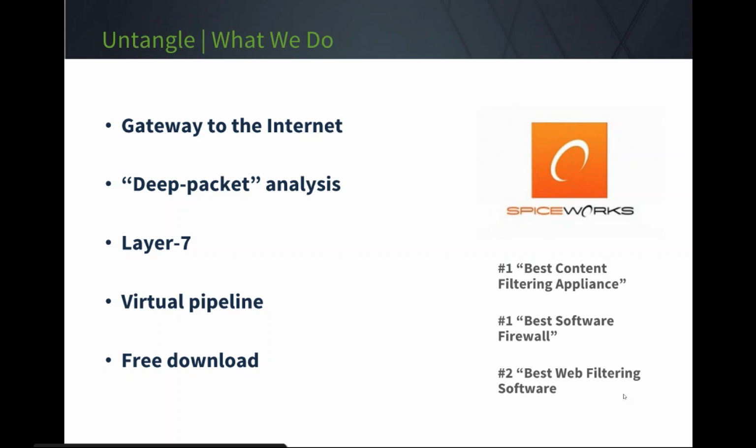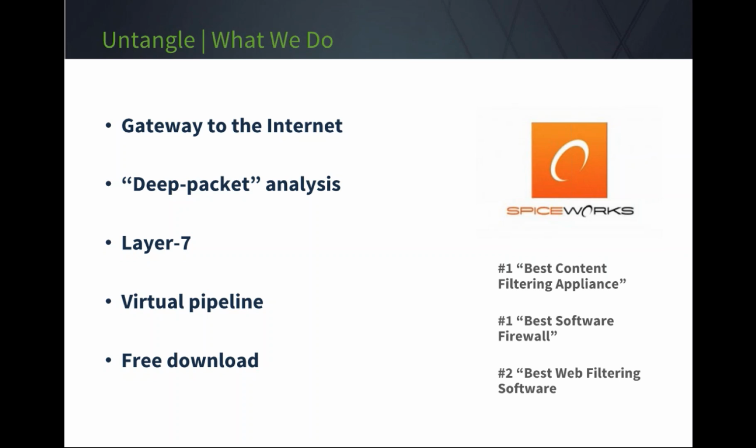What does Untangle do? Untangle's next generation firewall is a simple, powerful, all-in-one security firewall and unified threat management solution. It's placed at the edge of your network and at the gateway to the internet. NG Firewall performs deep packet analysis on all traffic from all applications. Untangle's NG Firewall enables you to quickly and easily create the network policies that deliver the perfect balance between security and productivity.